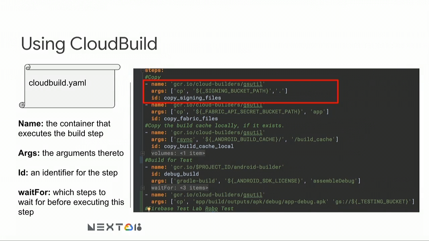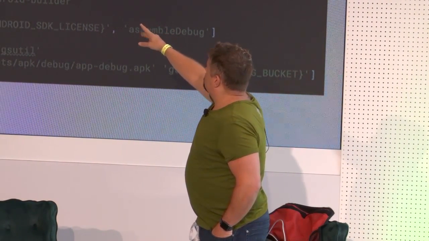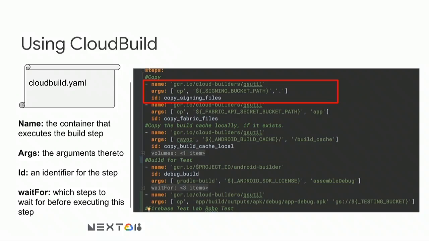The other thing to note here is the substitutions we have. Any of these shell variables with an underscore in the front is what we call a substitution in Cloud Build. That is a value you supply when you configure the build trigger, so you can basically parameterize your build. The signing API secret bucket path is where to find fabric.properties in Cloud Storage.